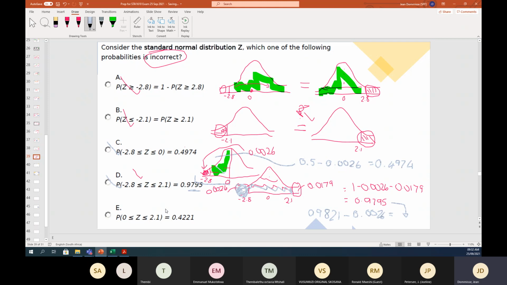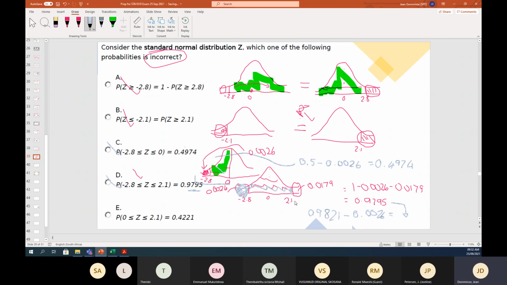So here we actually have two ways that we can work it out, and it's nearly to say what's the easiest for yourself. I personally would have gone this route to say up until 2.1, I get the value, I subtract that part, and it gives me 0.9795.